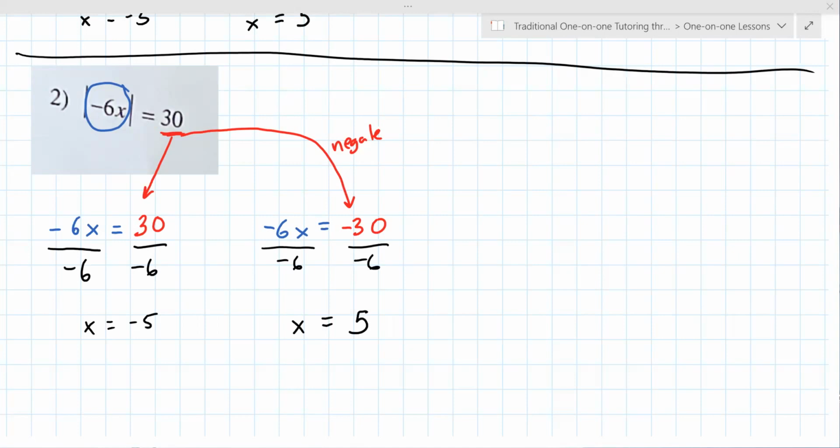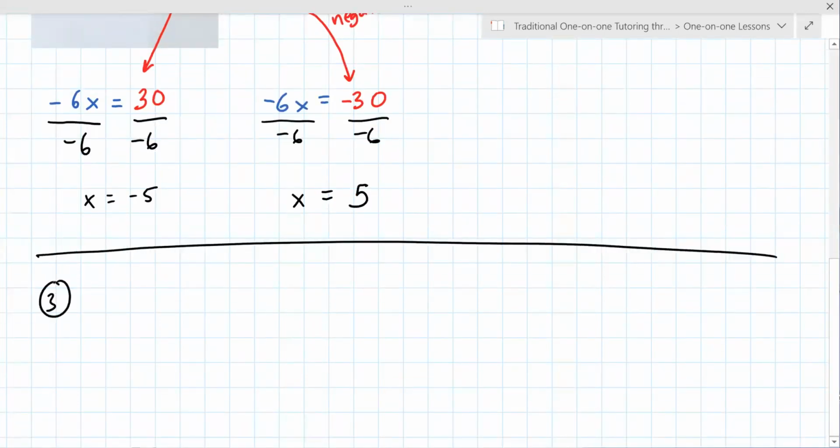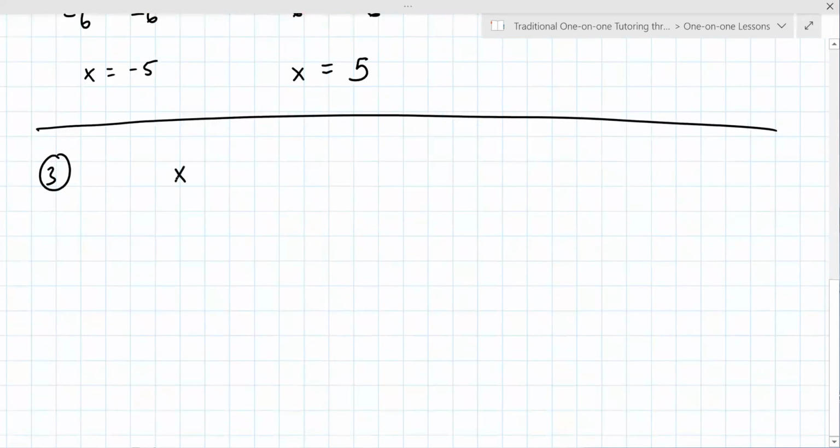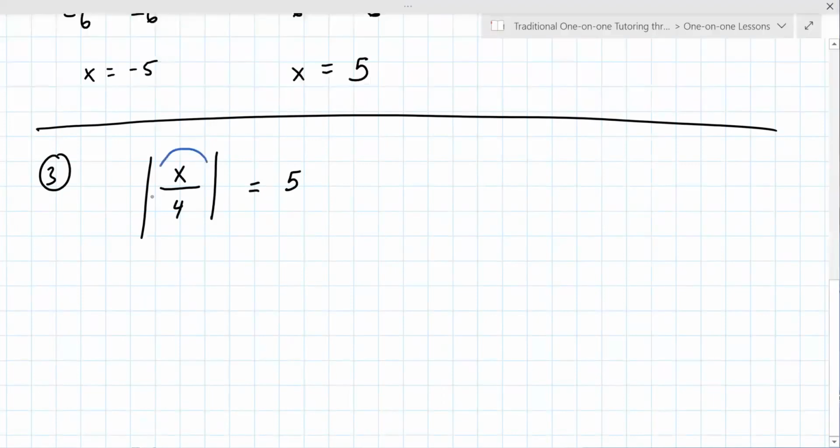All right. So now we're going to do an example problem number 3 before we do number 4. Example problem number 3 will be the absolute value of x over 4 equals 5. This is actually no different than the previous problem. You take whatever's inside the absolute value, and you write it in two places.